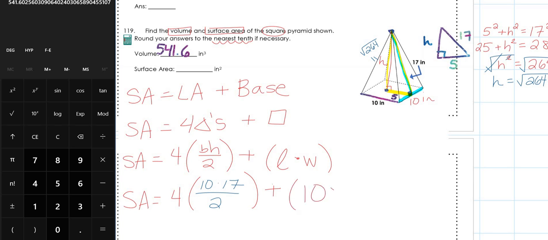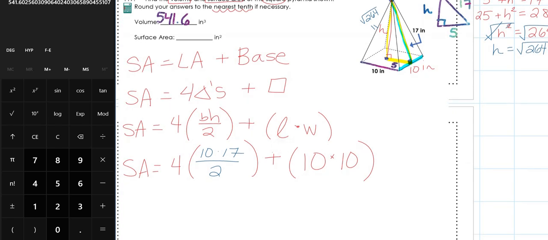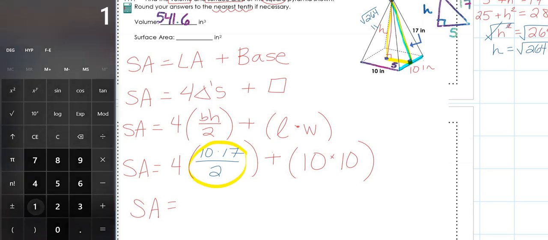So 10 times 10. All right, let's keep plugging in. So to get surface area, let me go ahead and do the multiplication that's shown here. So to my calculator, 10 times 17 equals, divided by 2. That's the area for one triangle. It's 85 square inches. But I have 4 of them.